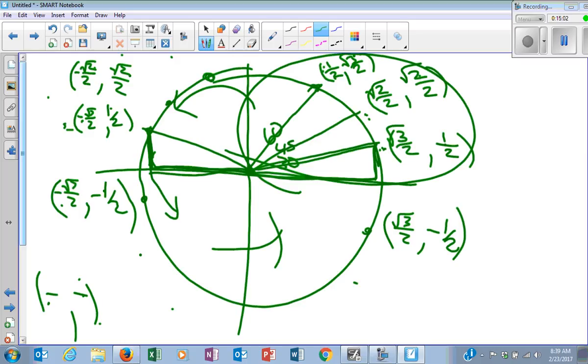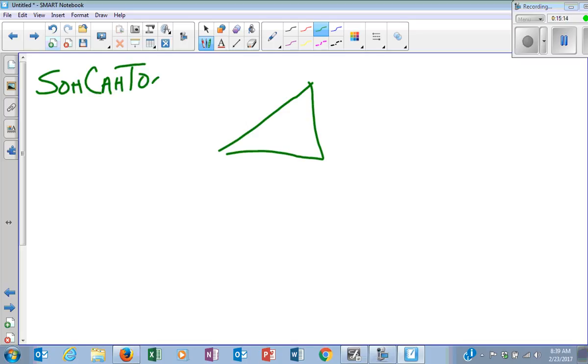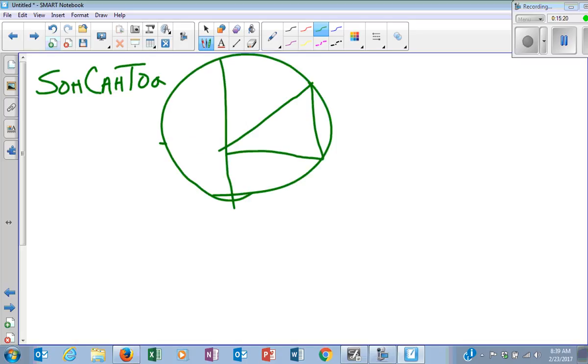Now, last thing I want to go over real quick. You remember, any right triangle, you had this thing called SOHCAHTOA. Correct? Well, if it's on my unit circle, which this is terrible, but okay? This is on my unit circle. It's a little lopsided.